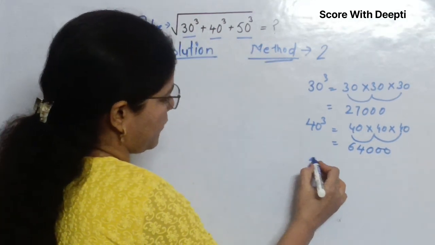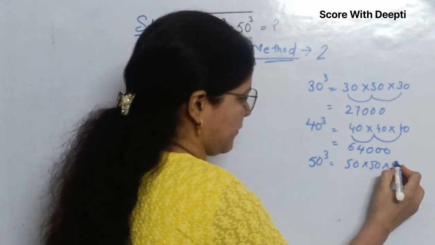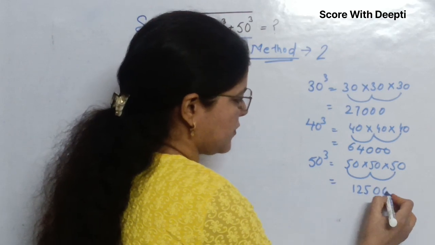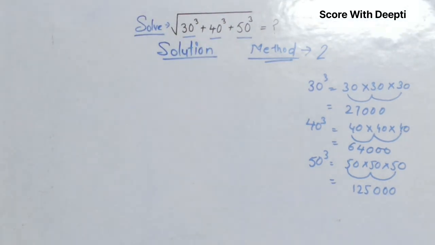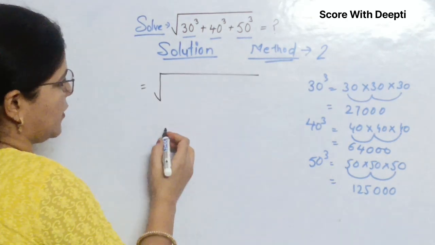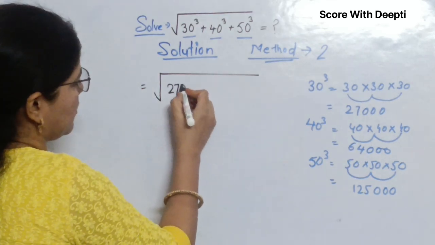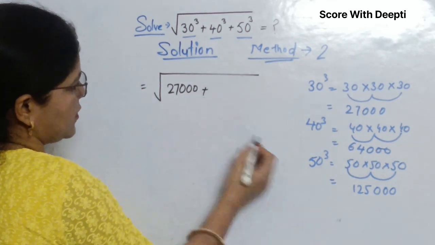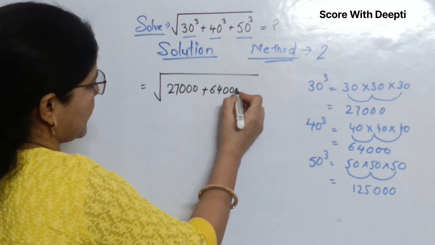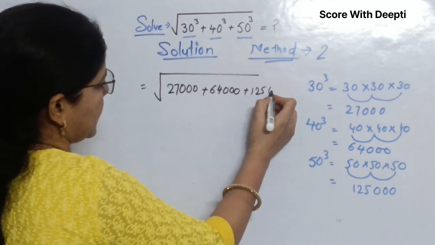Next, 50 cube equal to 50 multiply 50 multiply 50 and we will get 125 with 3 zeros. Next, our next step will be square root under: in place of 30 cube, we write 27 with 3 zeros, plus in place of 40 cube, 64 with 3 zeros, plus 50 cube, 125 with 3 zeros.